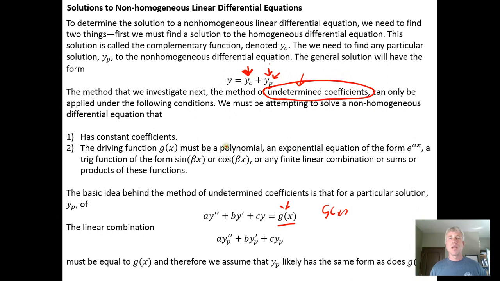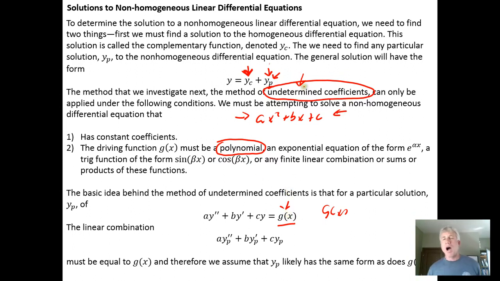So for example, if we have a polynomial ax squared plus bx plus c, when we take the derivative of a polynomial, we just get more polynomials. The derivative of a polynomial is a polynomial. So if g of x is a polynomial of degree 2, what we're going to guess is that this particular solution will also be a polynomial of degree 2.